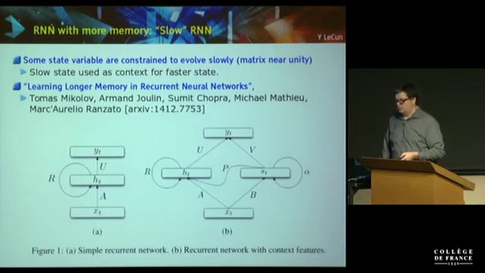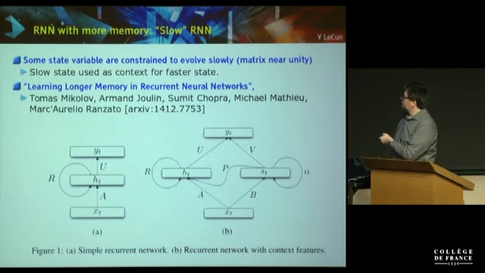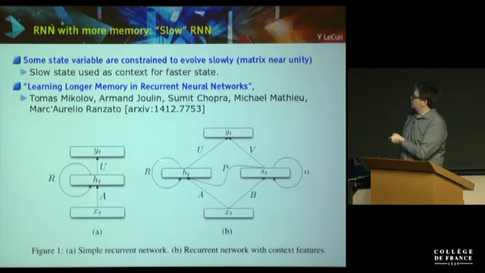Another simpler trick proposed by Thomas Mikolov, Armand Joulin, Sainbayar Sukhbaatar, Michael Mathieu, and Marc'Aurelio Ranzato in New York consisted in taking 2 categories of units in a recurrent network.